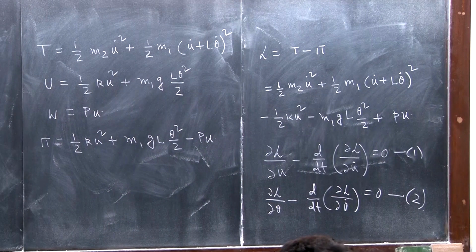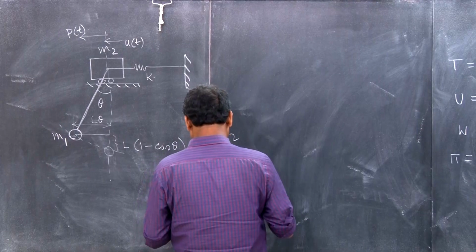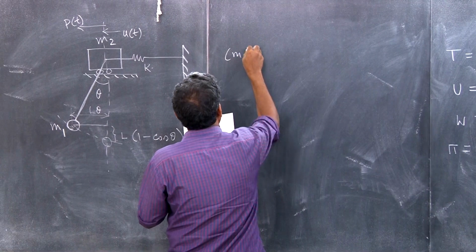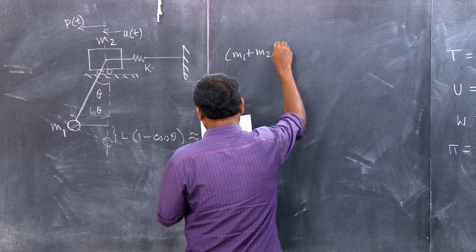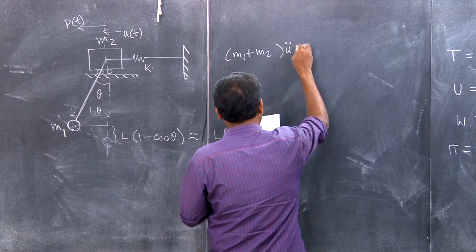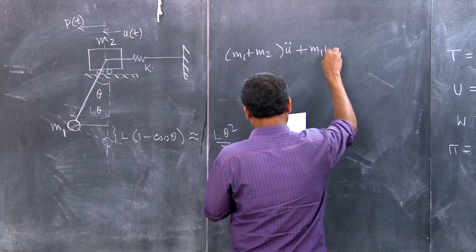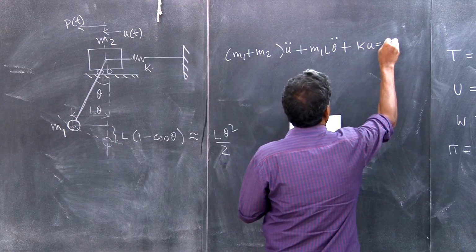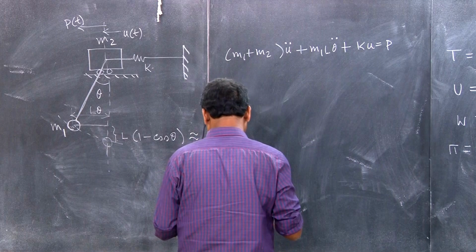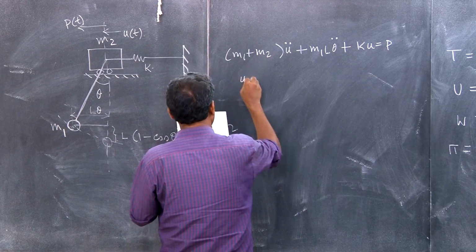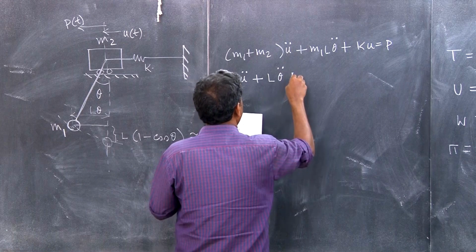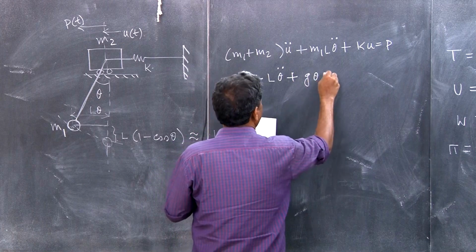So I will just write down these equations. The first one you will get is (m1 plus m2) u double dot plus m1 L theta double dot plus K u is equal to P, and another one is u double dot plus L theta double dot plus g theta is equal to 0.